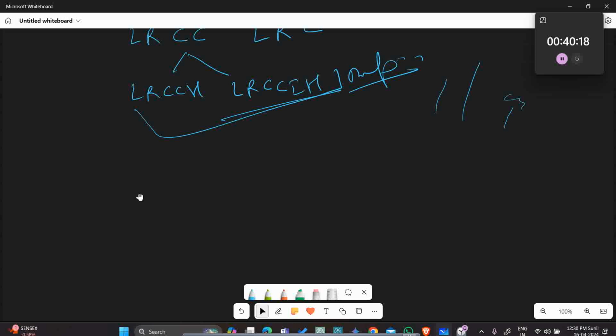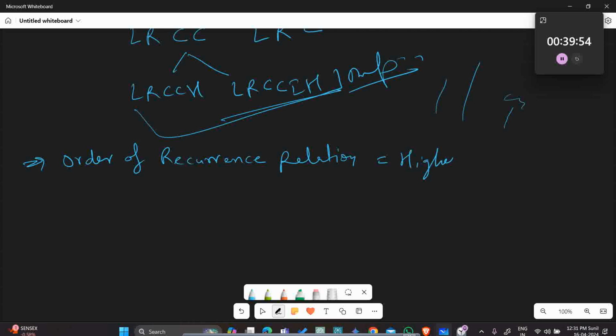So, one thing is the order of a recurrence relation is equal to the highest index minus the lowest index.